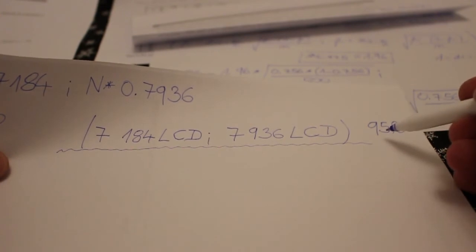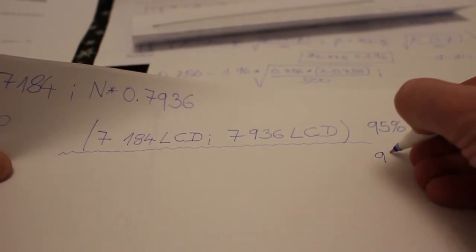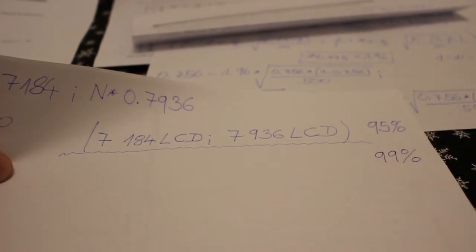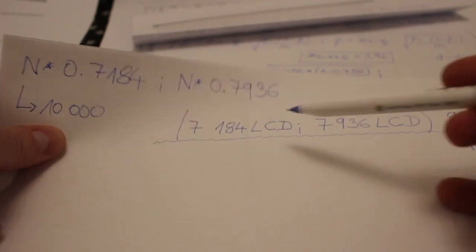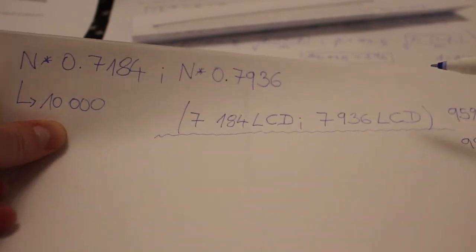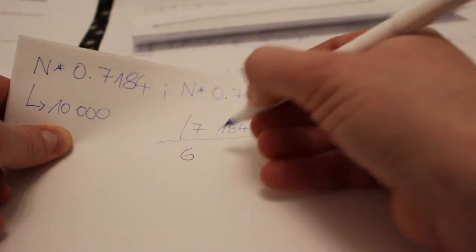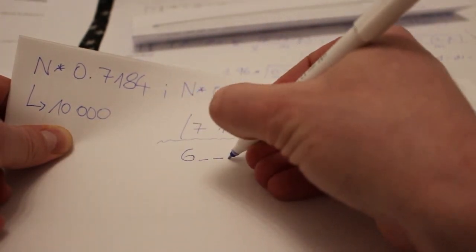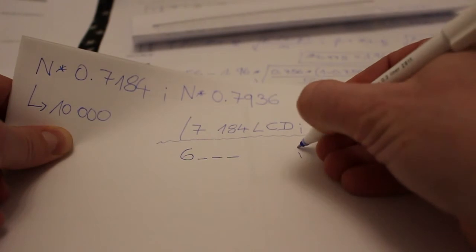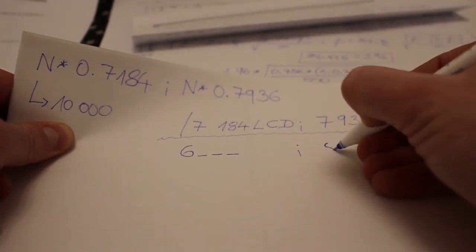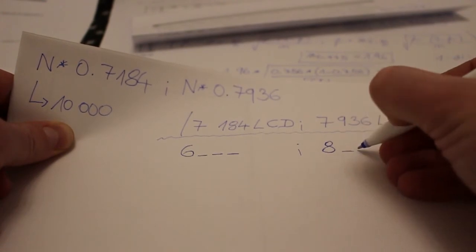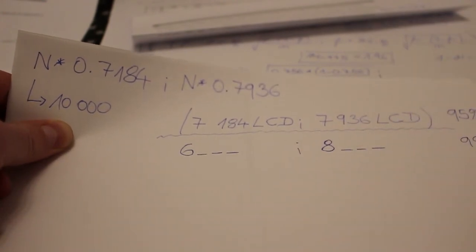If you require, for example, a 99% confidence level, you can try at home and recalculate this confidence interval. You will see that there will be 6,000 and something probably, and 8,000 and something.